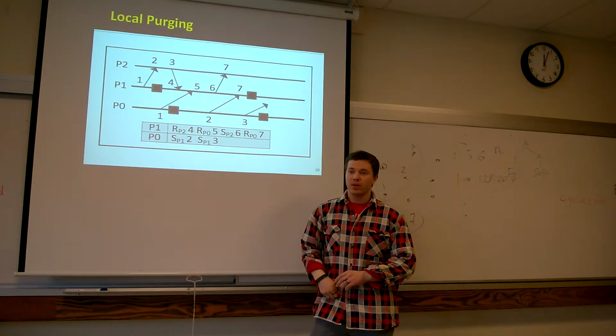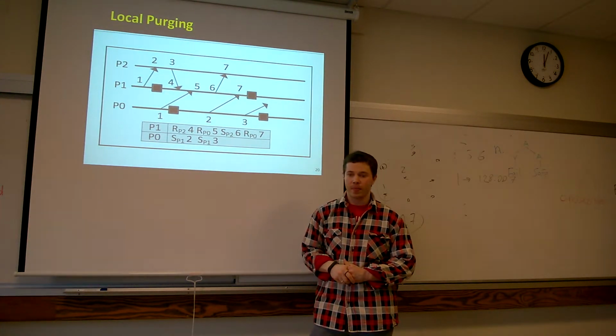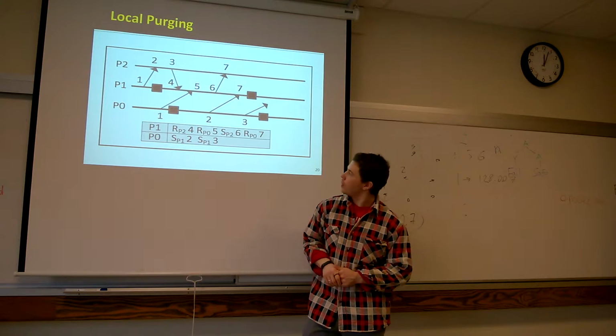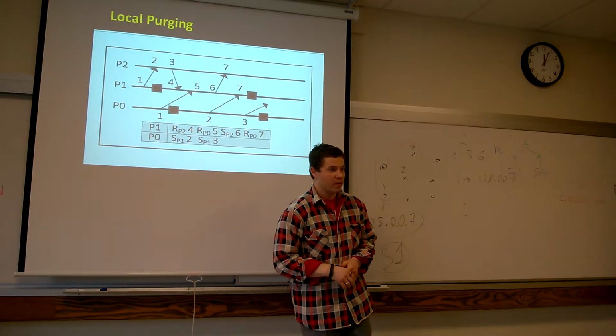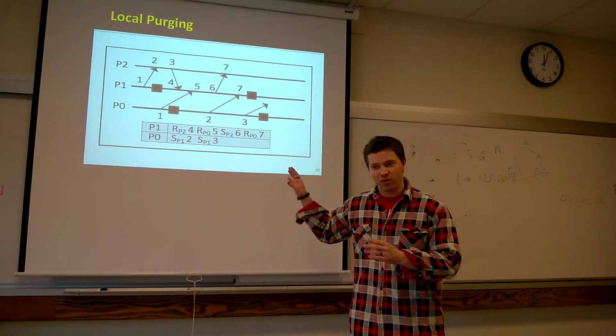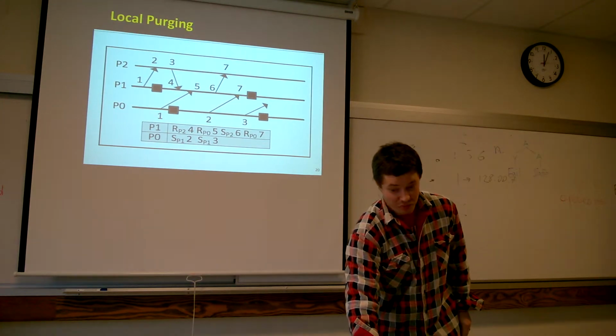There's no notion of a consistent cut at which things were purged, and the consistent cut in distributed systems is its own difficult topic. So if you have time afterwards, look over these diagrams.